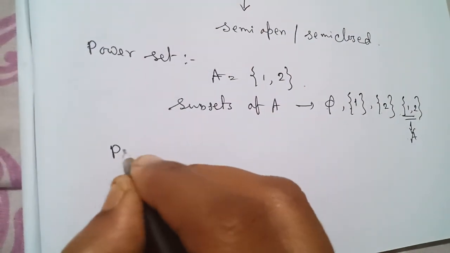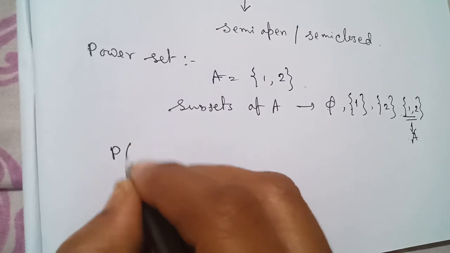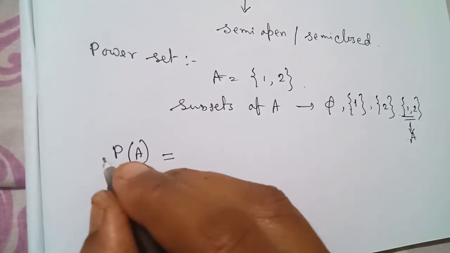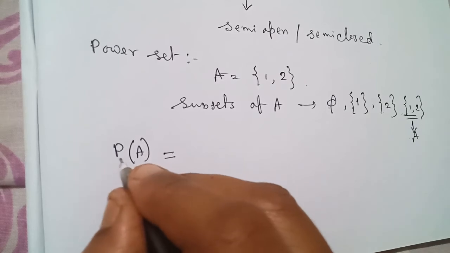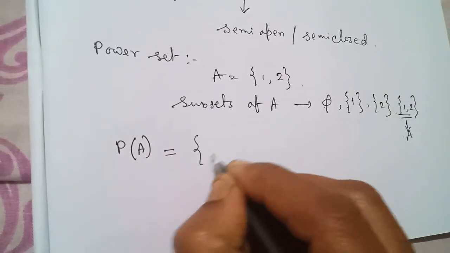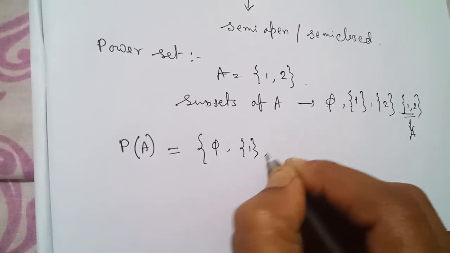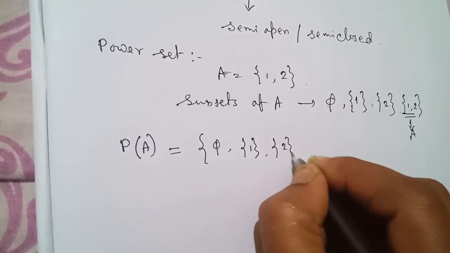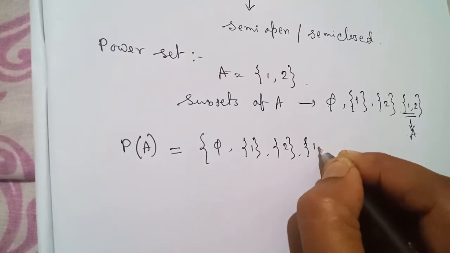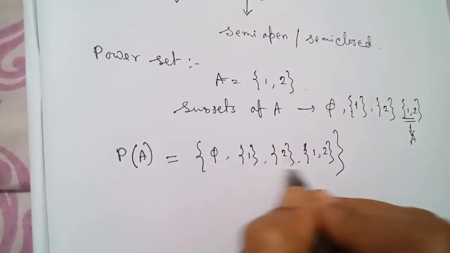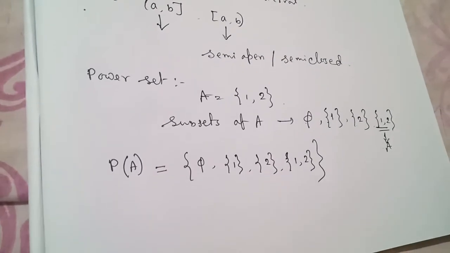So the power set of A is denoted by P(A), capital P of capital A. Power set of A is equal to {phi, {1}, {2}, {1, 2}} or A. Now look, I have used second brackets two times.